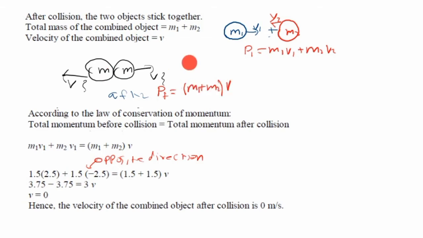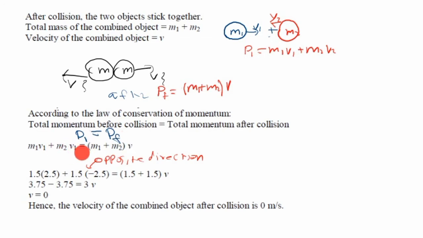So (m1 plus m2) times v is the combined result. According to the law of conservation of momentum, the initial momentum should be equal to the final momentum. So m1v1 plus m2v2 is going to be equal to the final momentum, (m1 plus m2) times v. So this is simply p initial equals p final, according to the law of conservation of momentum, nothing else.